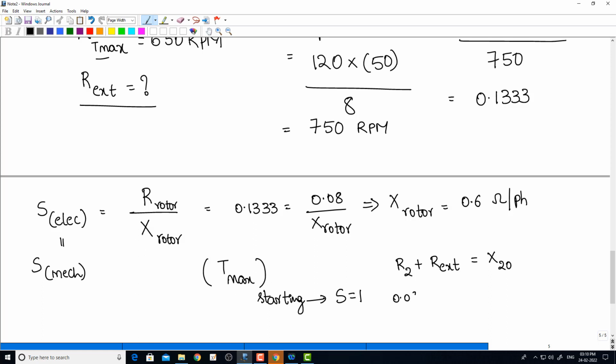The rotor resistance is 0.08 plus R external is equal to X2, which we just found to be 0.6. So R external is 0.52 ohms. So this much additional resistance we need to add in the rotor circuit so that maximum torque can be produced at starting.